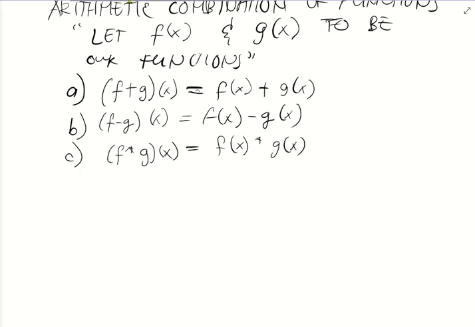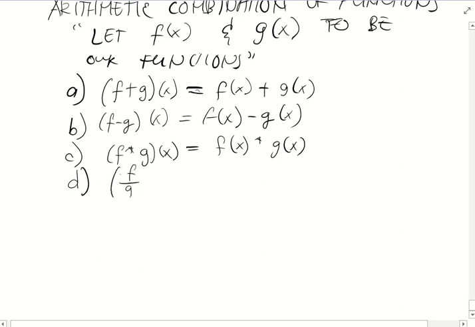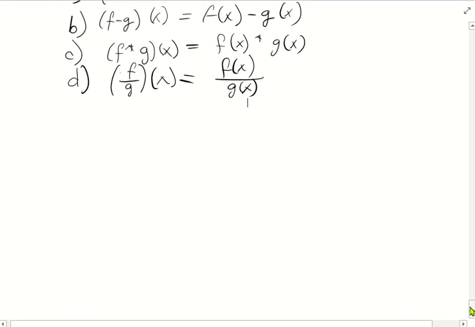Then for the last part, for the division, f divided by g of x is the same as f of x all over g of x. So these are the basic arithmetic combinations of functions. So that's the first part. Then let's take an example.